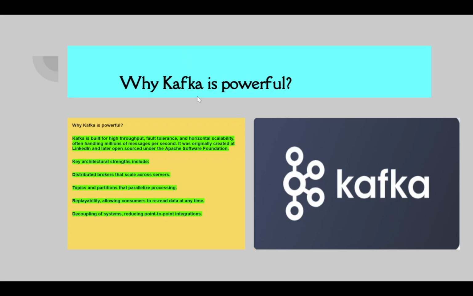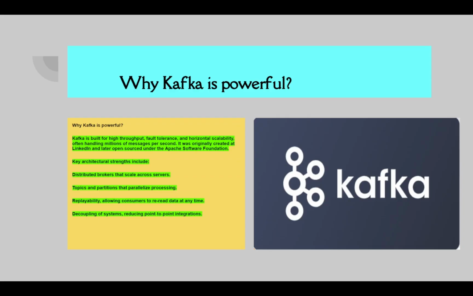So why is Kafka powerful? Kafka is built for high throughput. If you are writing an application for simple messaging, Kafka may not be suitable. If you want to utilize the maximum features of Kafka, use it for high throughput. Kafka is designed for high throughput, so you can process millions of records within no time.